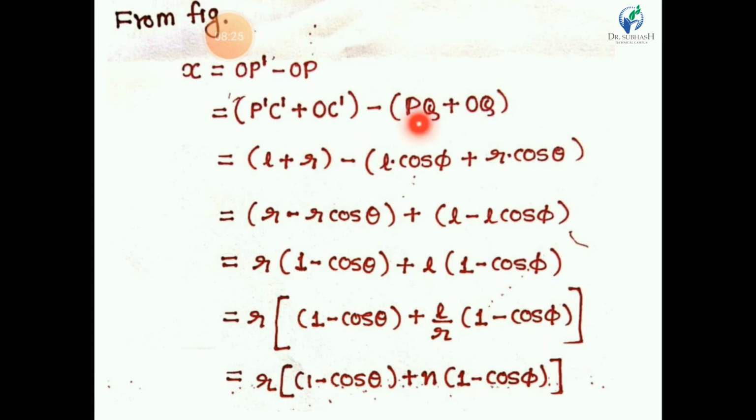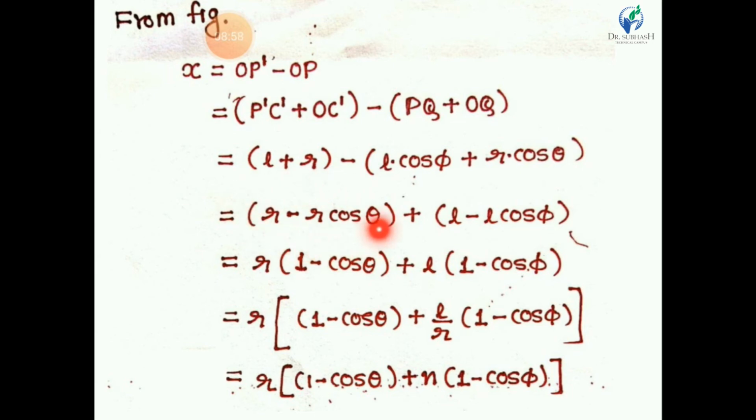Now we have derived these two equations: PQ is equal to L cos phi and OQ is equal to R cos theta. So we place these values and simplify the equation in two brackets. First is R minus R cos theta, plus another bracket L minus L cos phi.